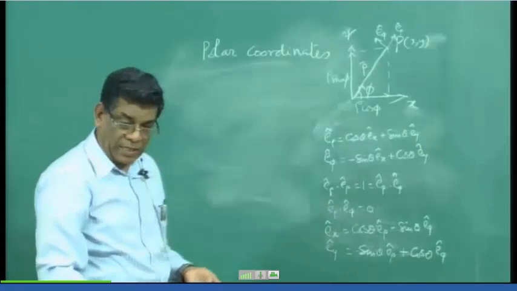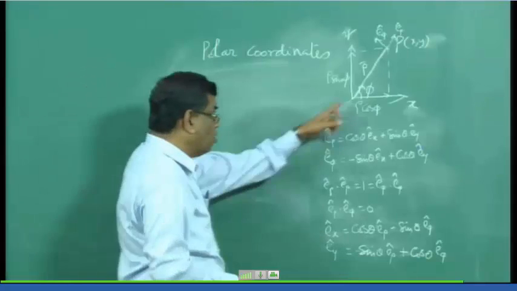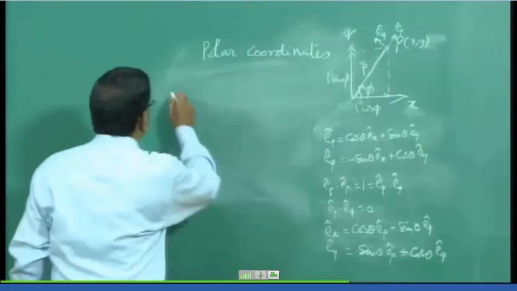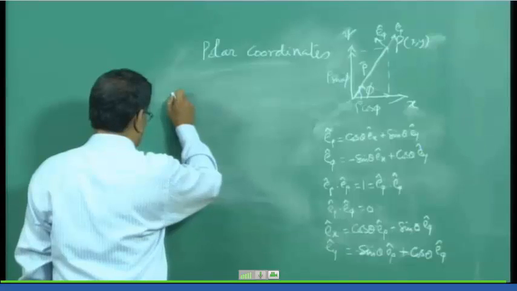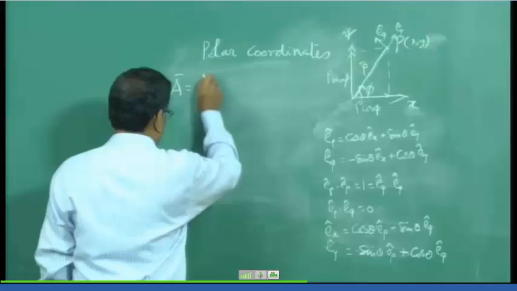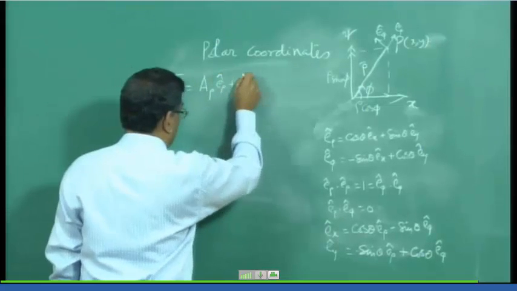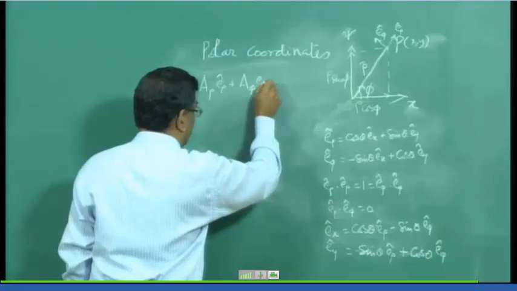We also saw another thing, maybe you remember that. If I want to represent any vector, some A, I have to say component along the rho direction into E rho plus component along the phi direction into E phi.